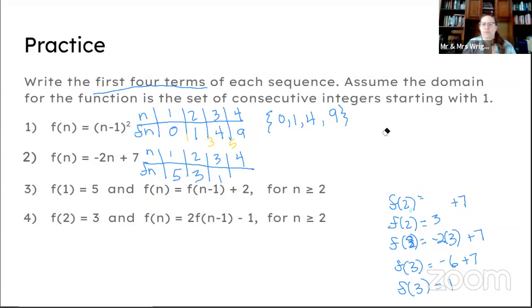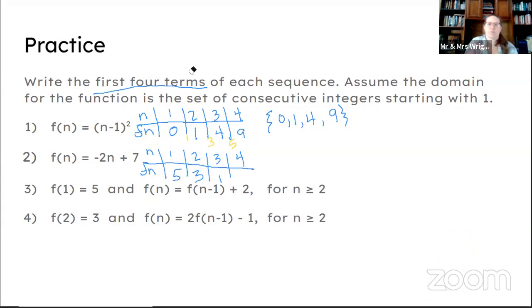I ran out of room. All right, now our last one, f of 4 is -2 times 4 plus 7. Plug that into our calculator. F of 4 is going to be -1.